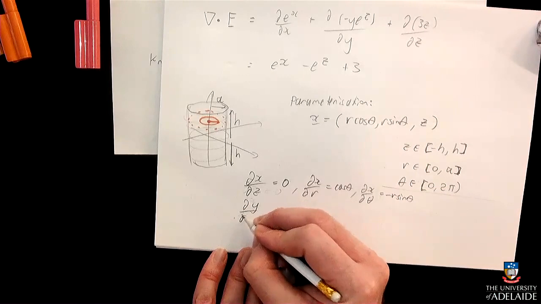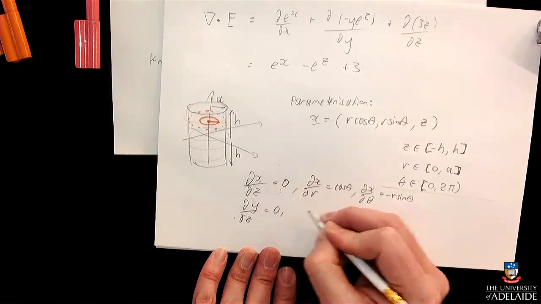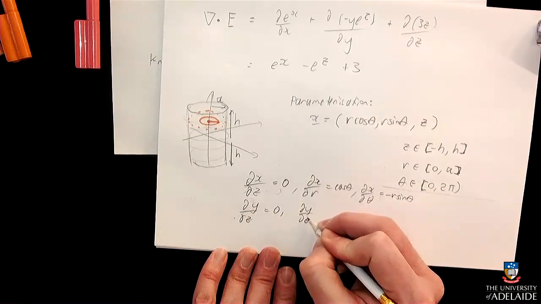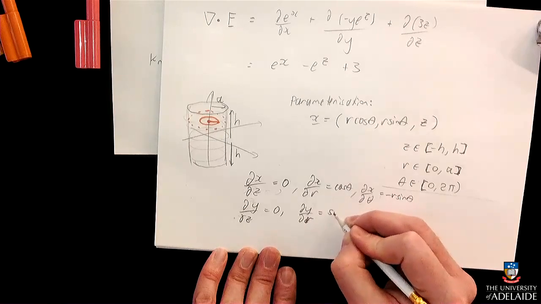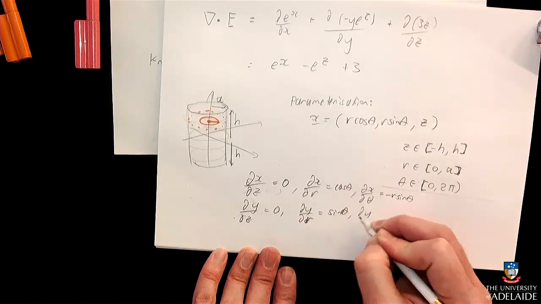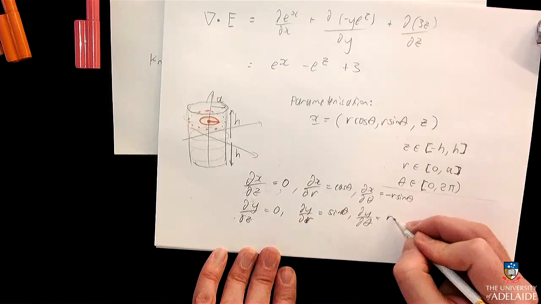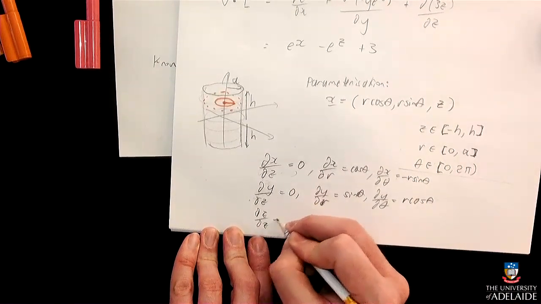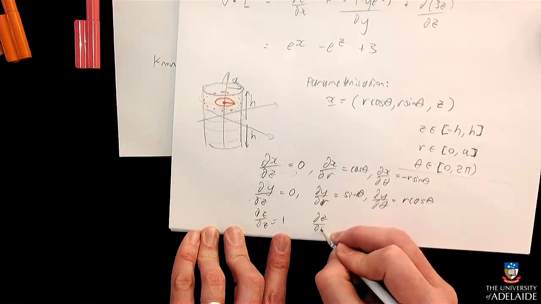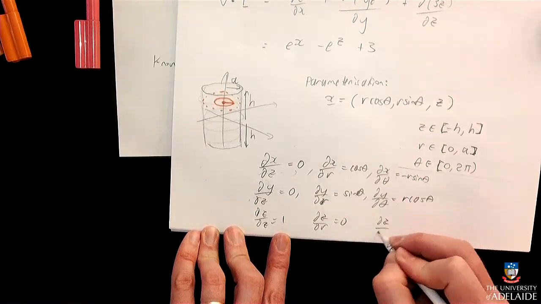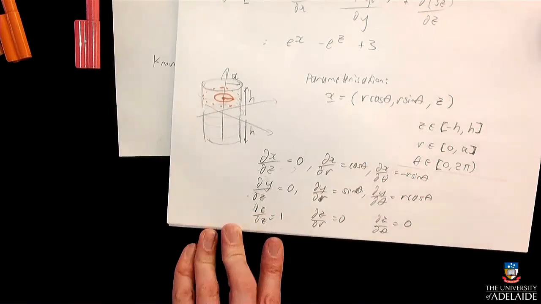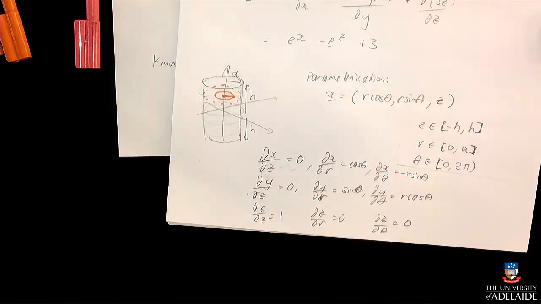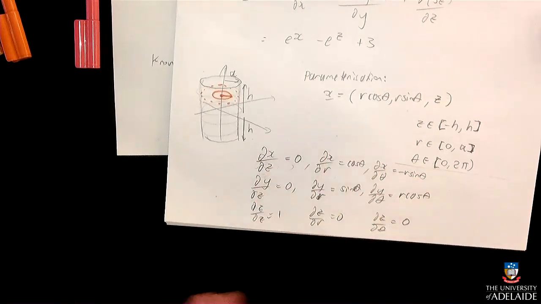dy on dz is 0, dy on dr is sine theta, dy on d theta is r cos theta, dz on dz is 1, dz on dr is 0, dz on d theta is also 0. Okay, so the absolute value of the determinant of this matrix is what we need.